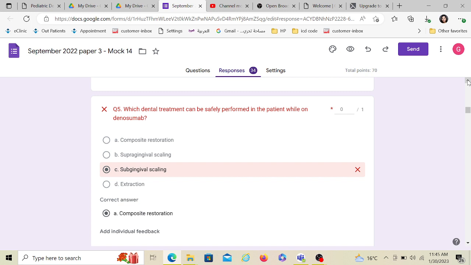See when these drugs are given, if there is any dose mentioned, what all treatments can be done, what are contraindicated, how would you treat if a situation like osteonecrosis of the jaw develops. You are supposed to do all this lateral reading. You're just not supposed to read this question and move ahead. That is what is called a thorough study method.